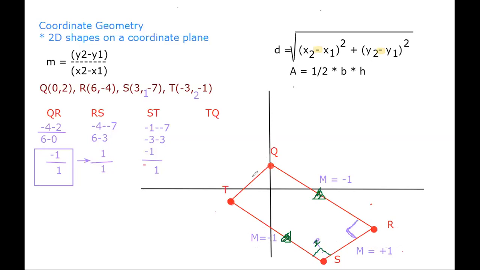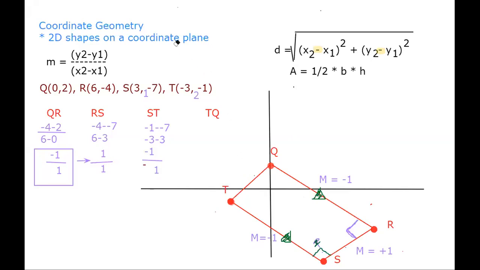Is QT parallel to SR? Do they have the same slope? Is this slope a +1 as well? If it is, then we kind of know what kind of shape we've got. Okay, let's go look. Whoops, erase something extra.